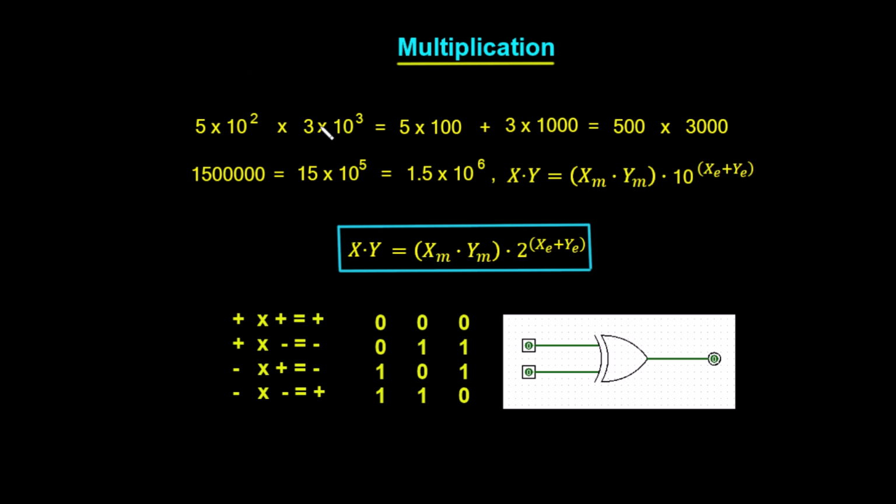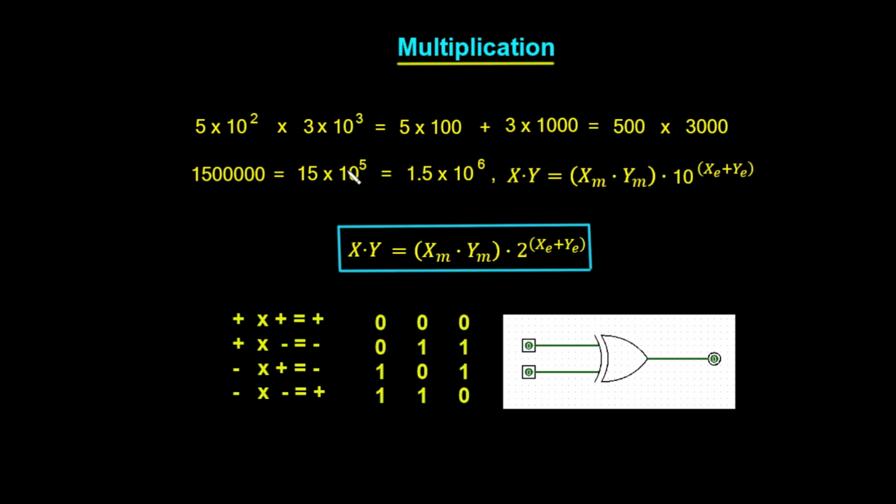When we multiply these two together, 5 times 10 squared is the same as saying 5 times 100. 3 times 10 cubed is the same as saying 3 times 1000. So that's the same as saying 500 times 3000. When we multiply 500 and 3000, we get 15 times 10 to the power of 5.